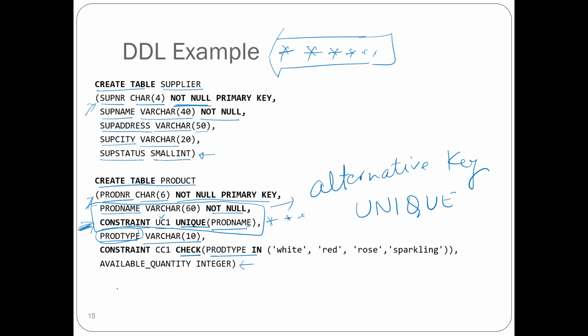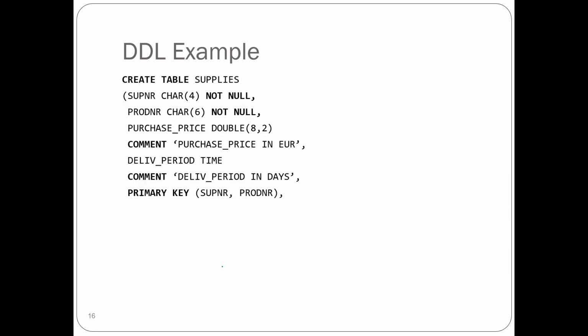Now the final column over here is available quantity, which is integer. These two create statements were very interesting, so please make sure that you follow each and every line of them.